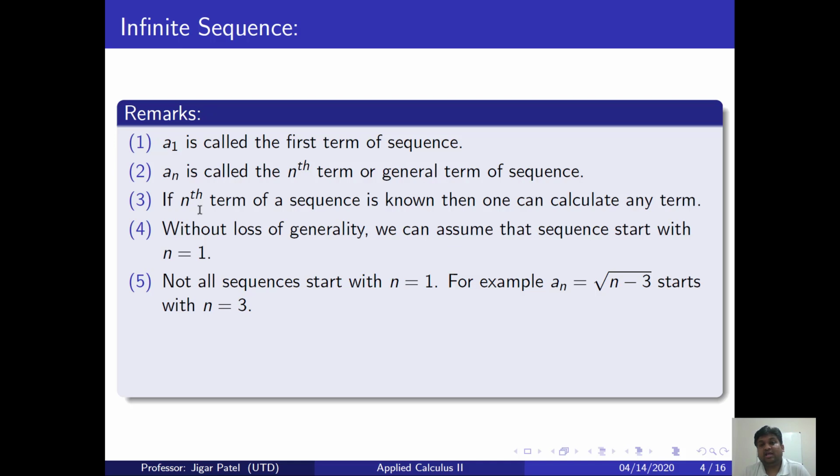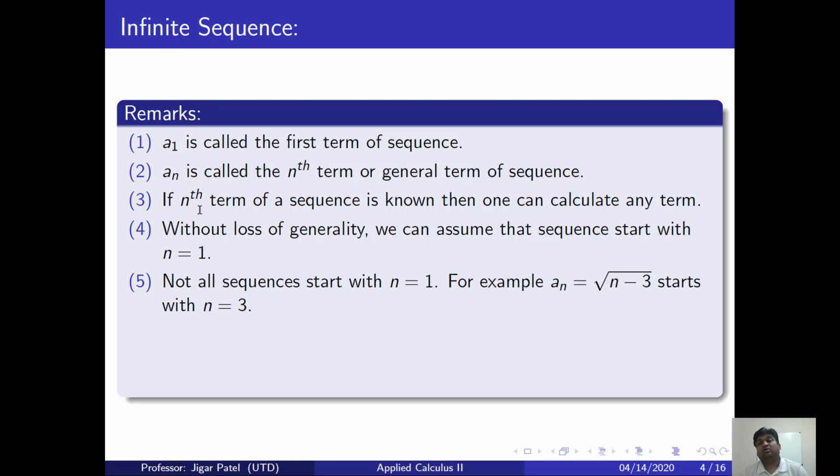So n equal to 3 will give you your first term, n equal to 4 gives you the second term of this sequence, and so on. In some special cases, sequences do start with a different index, but if nothing is said, we'll start our sequence with index 1, unless we have an issue like number 5.